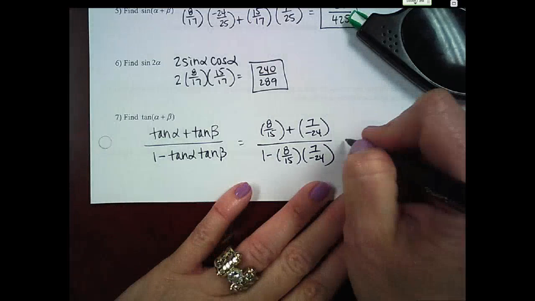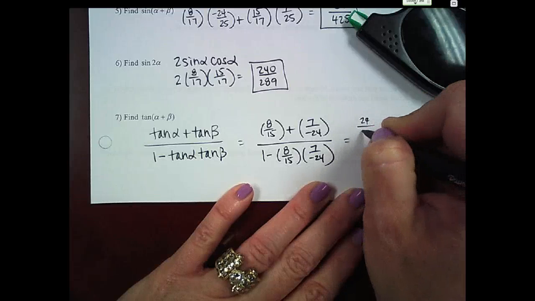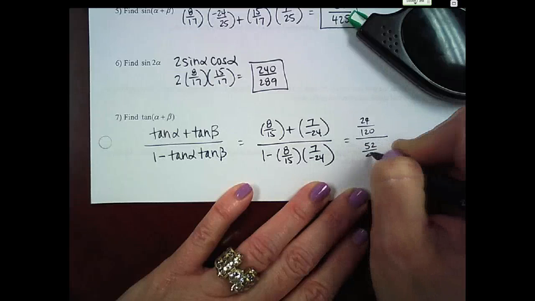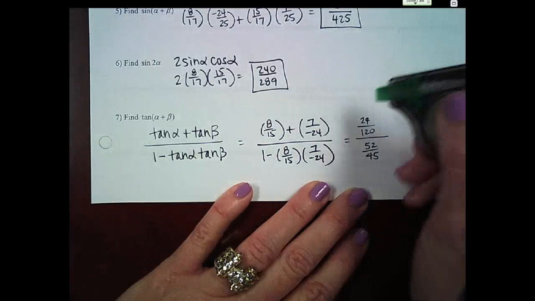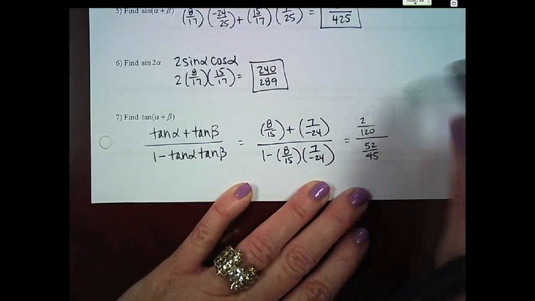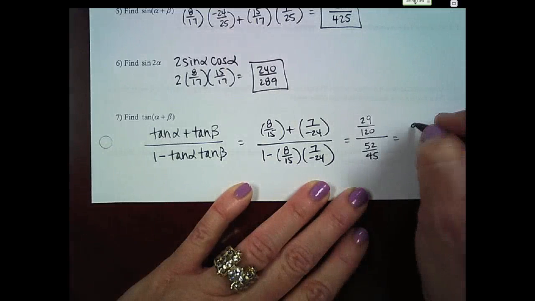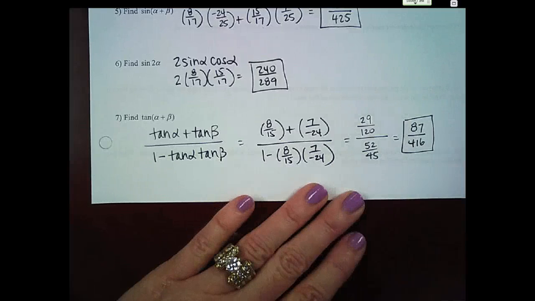So you can check your answers: 29 over 120 in the numerator and 52 over 45 in the denominator. When you divide those together, you get this: 87 over 416.